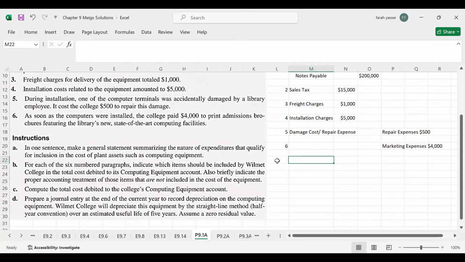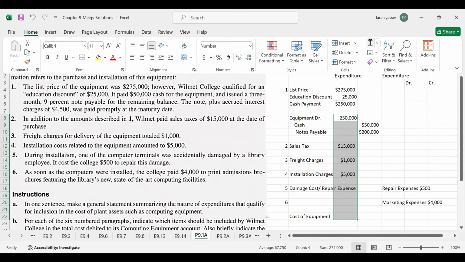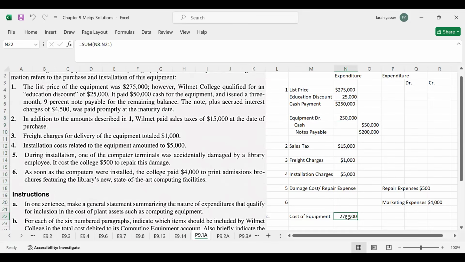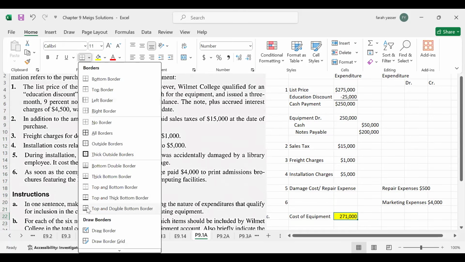So, in requirement number C, we are going to calculate the cost of equipment. All the expenses that we have capitalized should become part of the 2,71,000. So this 2,71,000 is basically the cost of the asset, the cost of the equipment.